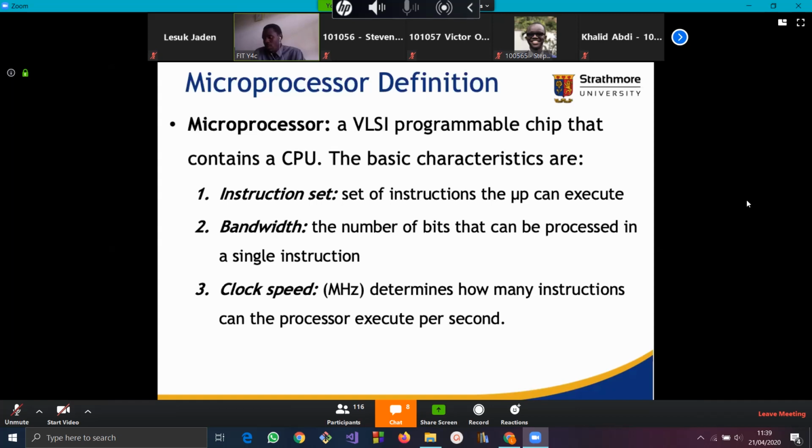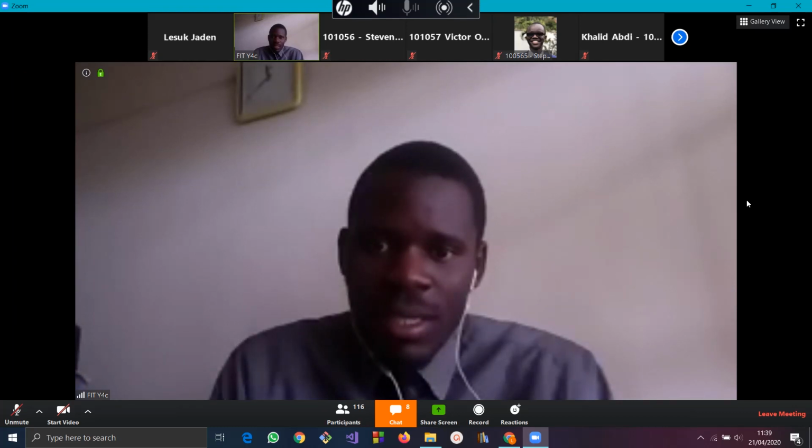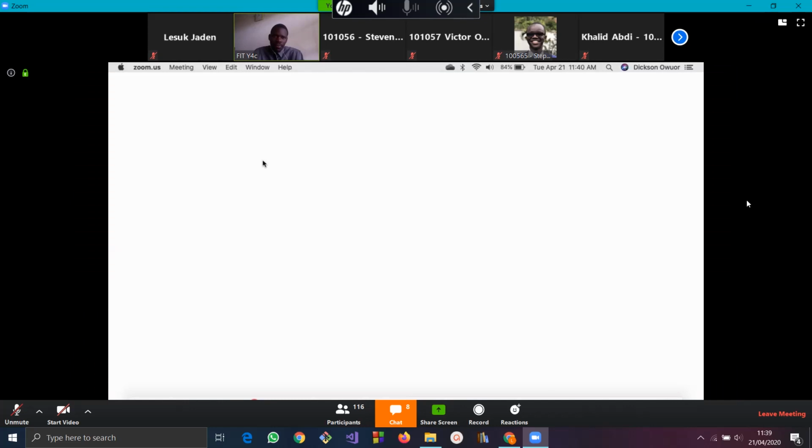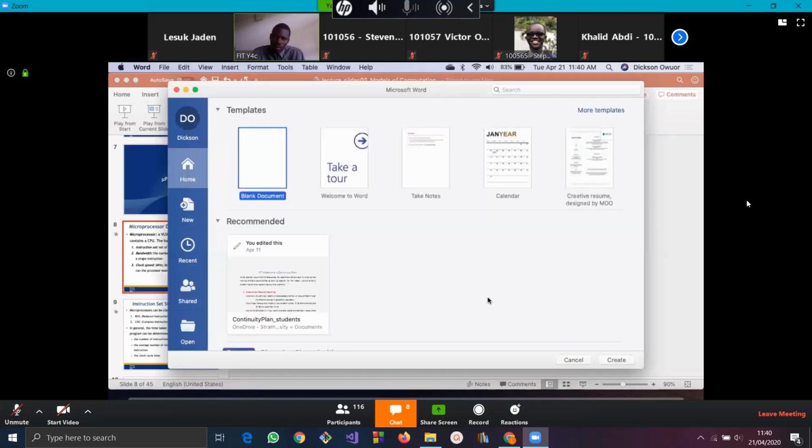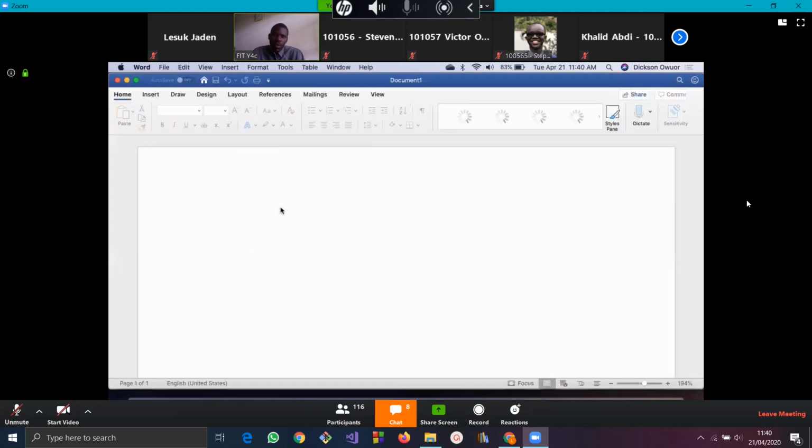So, for example, a 1 hertz processor. 1 hertz is equivalent to 1 second, right?